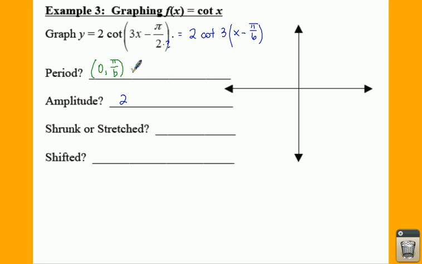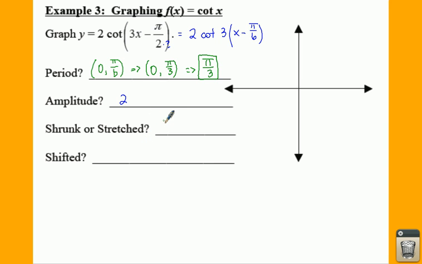And so this is going to be from 0, now this is without the phase shift, so from 0 to pi over 3. So we're actually going to shrink our graph quite a bit. Instead of going out here to pi, we're actually shrinking into pi over 3 right here. However, this will have to end up being changed. So the total distance of your period is pi over 3, the distance between your asymptotes.